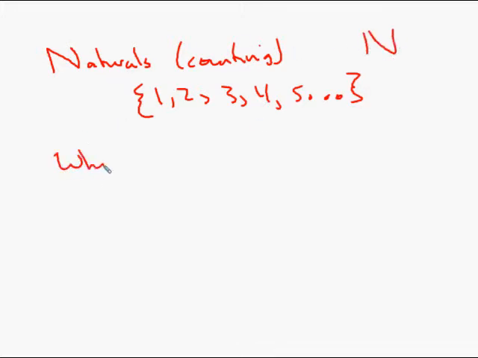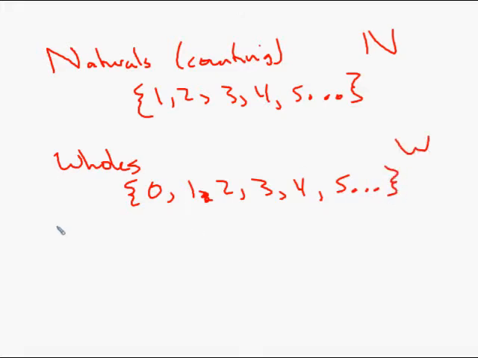Then we have our whole numbers, and these are basically the counting numbers plus 0. So we just start at 0. So now we actually count no objects. And we start at 0, goes on to infinity. Notice no negatives, whole numbers, W. And then we have our integers. We will use a Z to mean integers. I don't know why we'll use a Z, we just will.